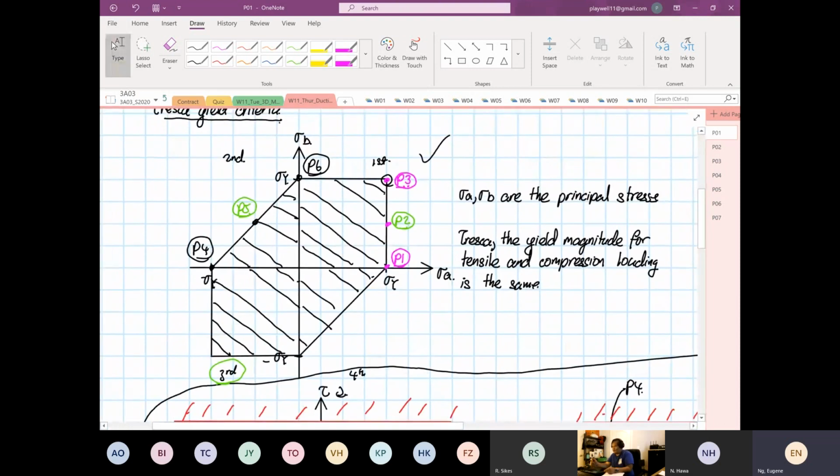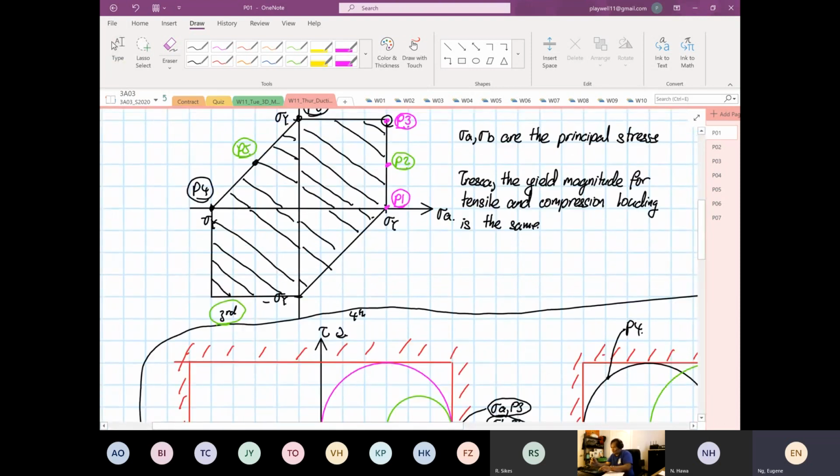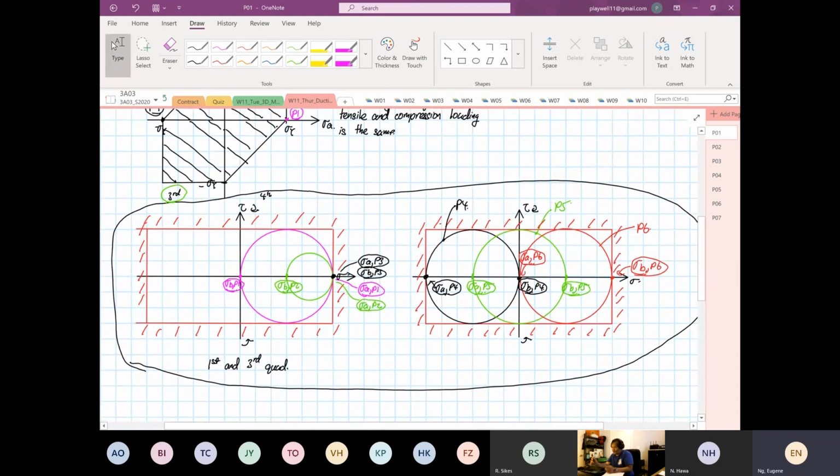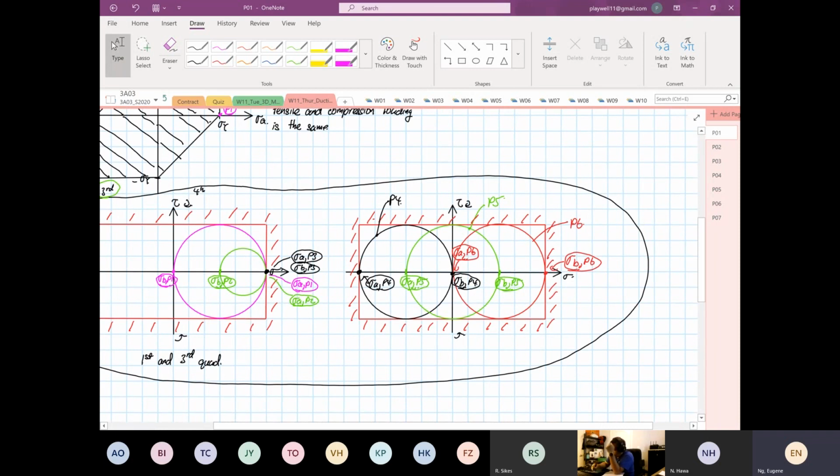Okay, so because he has drawn all the situations, the situation in first and third quadrant is the diameter of the circle gets smaller, but it's still within the operating bracket, whereas in the second and fourth quadrant, what's happening is the diameter of the circle is fixed.